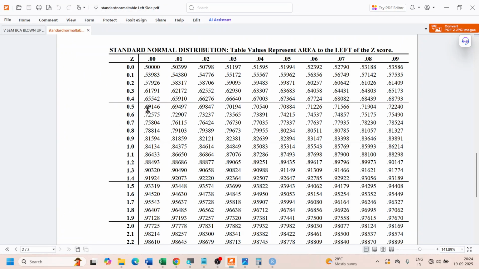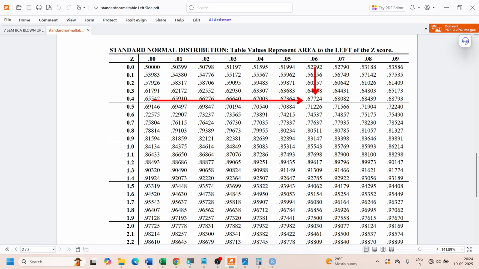If you take 0.46, you are going to get the value for the first question. That is, the area under the curve for this one is 0.67724.